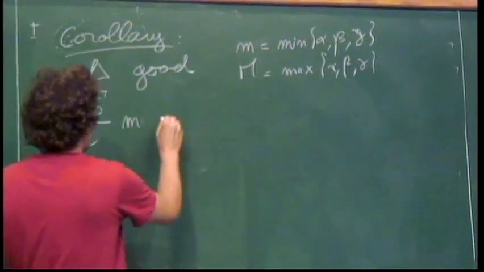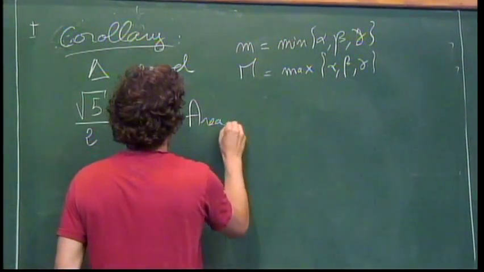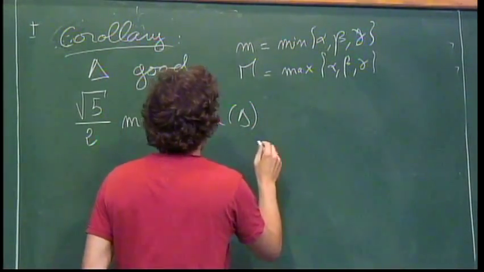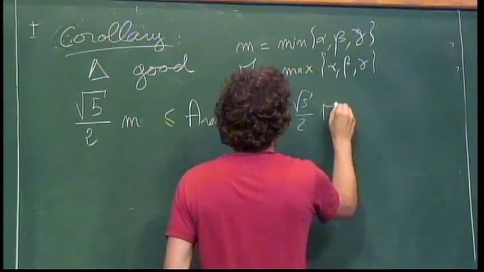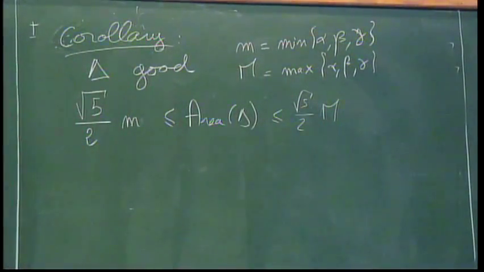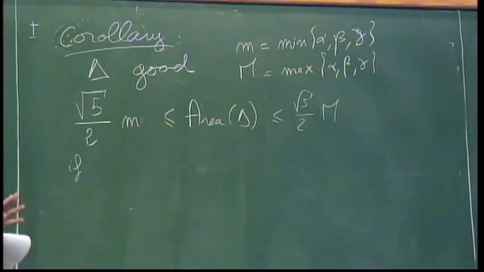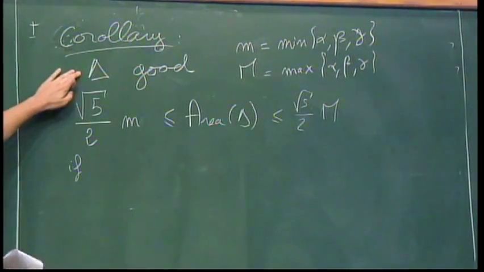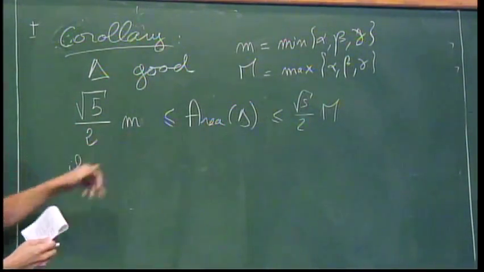And so the area of the triangle will always be in between square root of 5 over 2 times the minimum, and square root of 5 over 2 times the maximum. So this is very easy to derive from here. But actually, you have better. It's better, but only if delta is very close to being square root of 5 over 2 times the minimum.